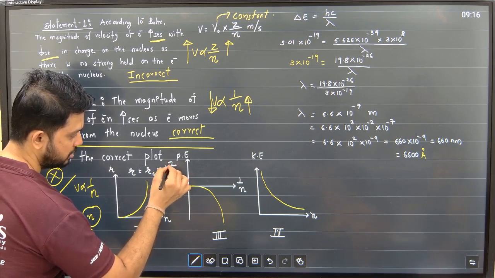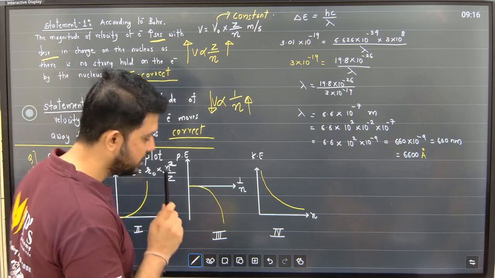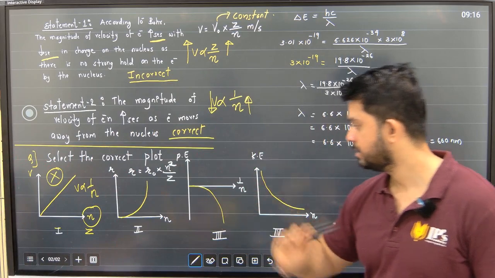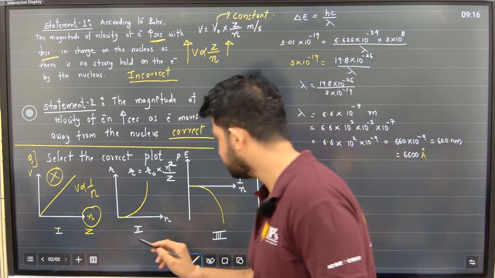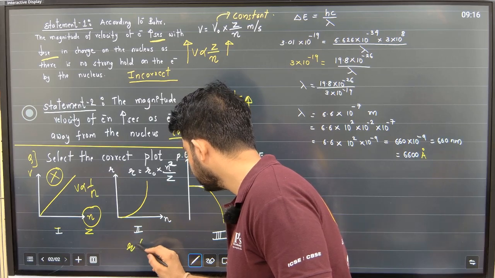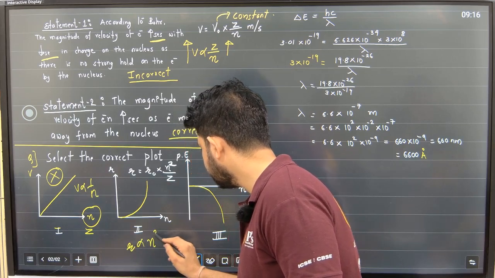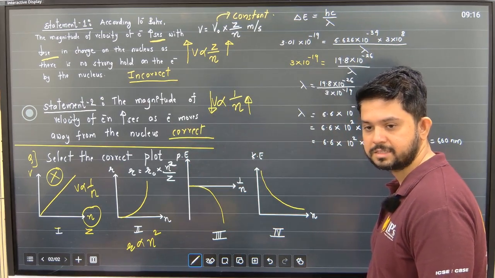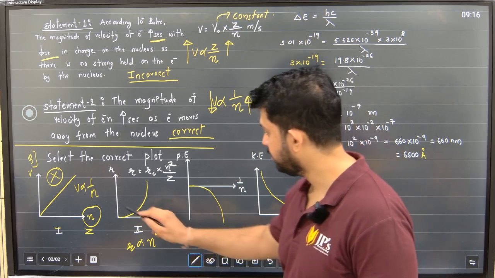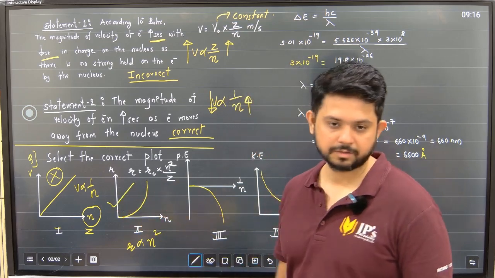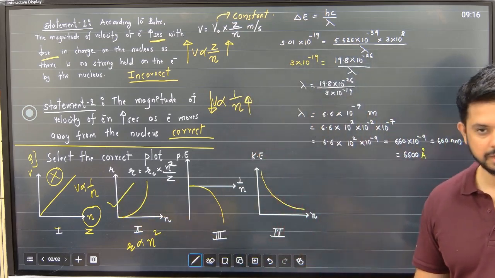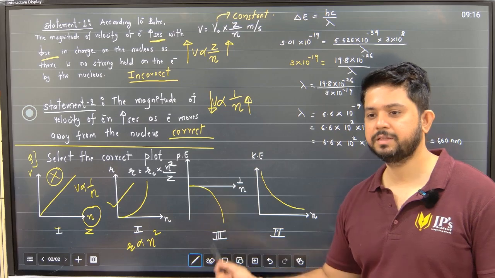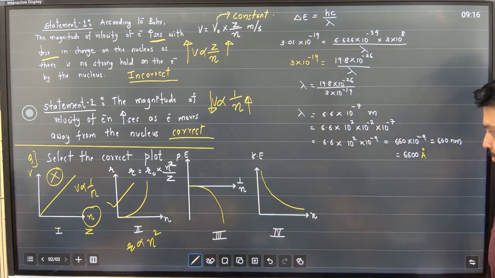Yes or no? अब r and n में relationship, r is directly proportional to n squared. Yes or no? This plot is correct. Let me explain this, then put it out करते हैं एक साथ.